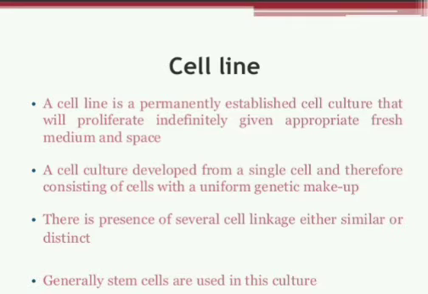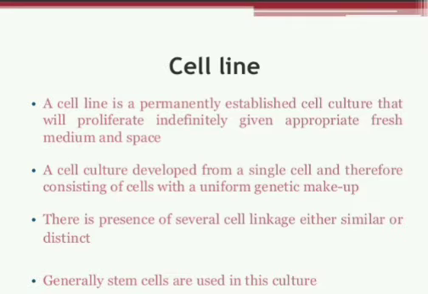This is another slide, a continuation of the well established cell line. Subculturing of primary cells leads to the generation of these cell lines. Whenever we subculture one type of cell, or isolate a certain type of cell and develop it, that is called the established cell line.